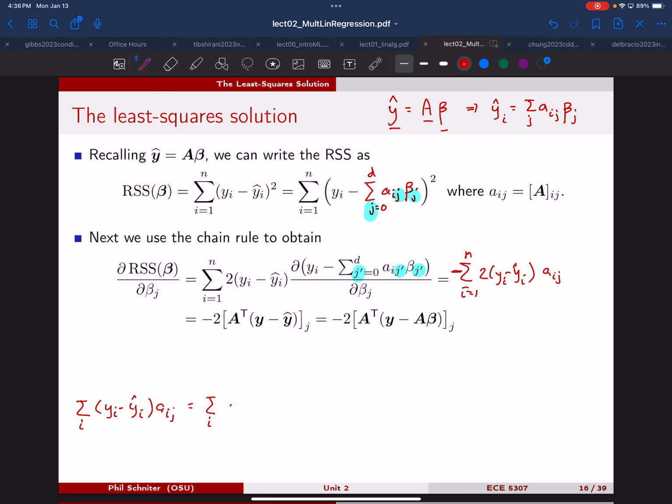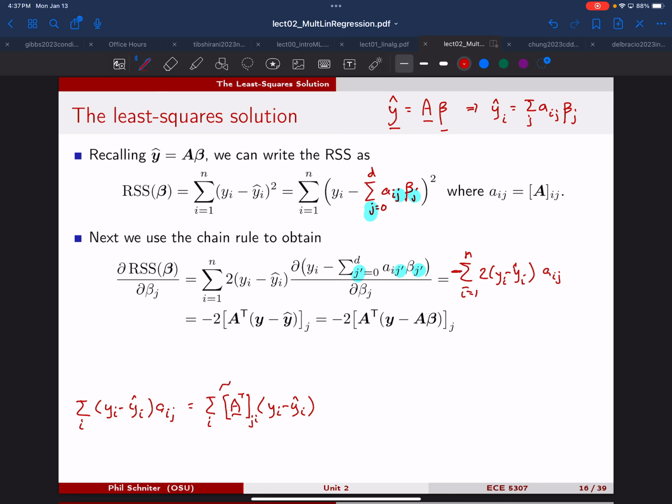We can bring aij here and put our y's there. But if you do that, you can see that the inner index of this one is no longer i. However, we can fix that. Let me just erase that term here and write it as the matrix A transpose, jth row, ith column.